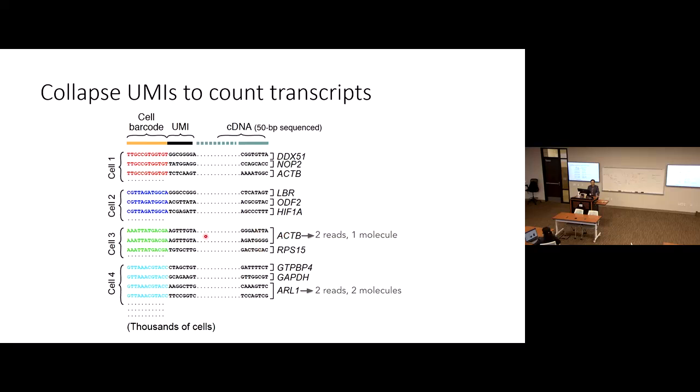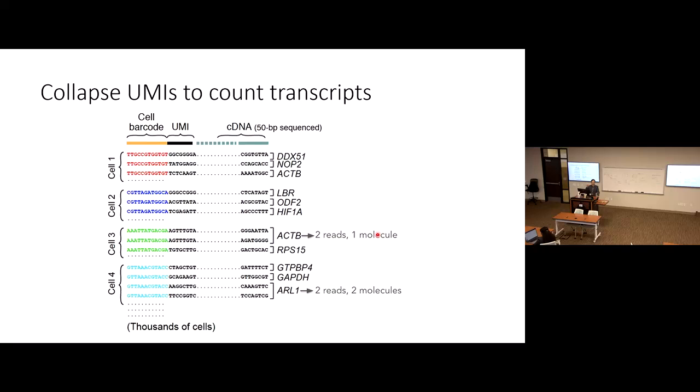Well, in this case, in cell 3, the 2 UMIs are labeled to the same ACTB gene, basically 2 UMIs on the same mRNA. So in this case, we will count the expression of ACTB as only 1, because this UMI is duplicated by PCR amplification on the same mRNA, the same molecule.